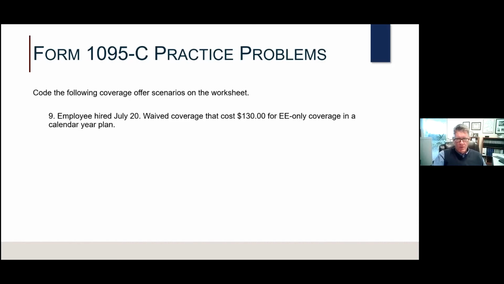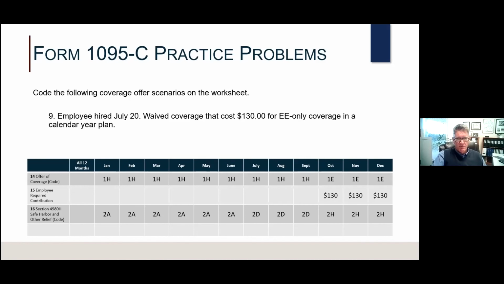So pretty much the same kind of form, where you've got 1H 2A, 1H 2A, and then your 1H 2D for the waiting period, your 1E, the cost of coverage, but now instead of 2C, the employee waived coverage. So again, you're demonstrating to the IRS that the employee did not enroll, but your offer of coverage was affordable based on rate of pay safe harbor, and rate of pay safe harbor is code 2H.